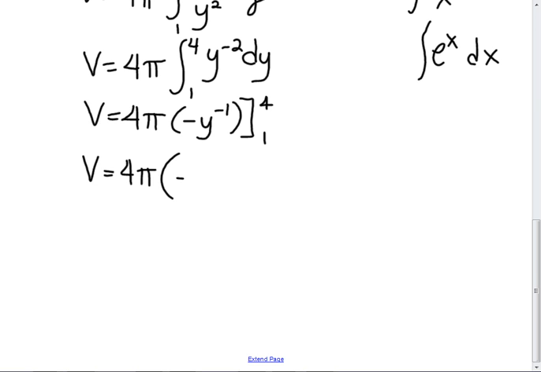So it's negative 4 to the negative 1. Then it's minus a negative y. So it's negative 1. I don't like that, because that's not right. It's subtracting, and then it's a positive 1 to the negative 1.